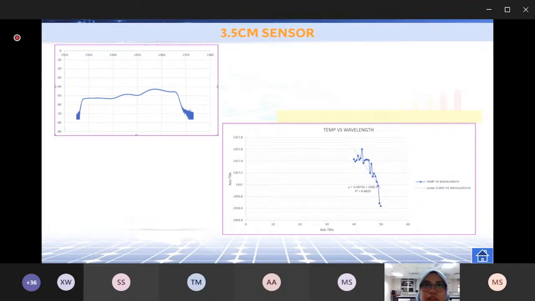However, for this 3.5 cm sensor, the pattern of the result is linearly decreasing, and this sensor is actually still work in progress for the next length, and maybe I will also repeat this 3.5 cm sensor.